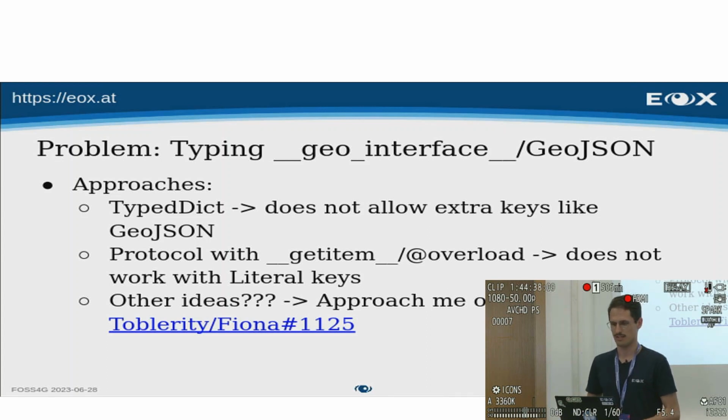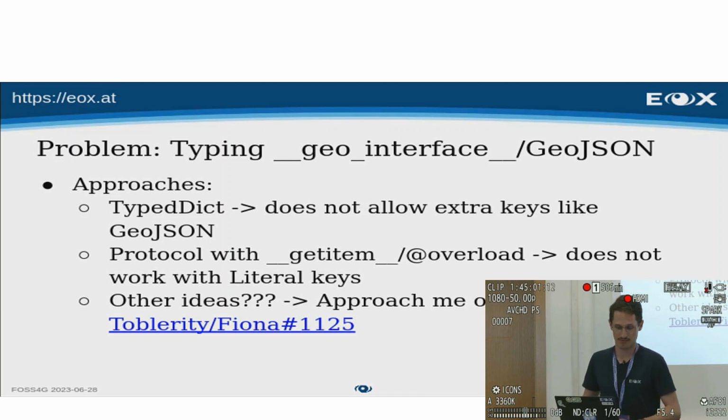So there has to be a type key, which could be point or could be polygon, and then there has to be a coordinates key. For a point, the coordinates value is always a tuple of two numbers, for example.